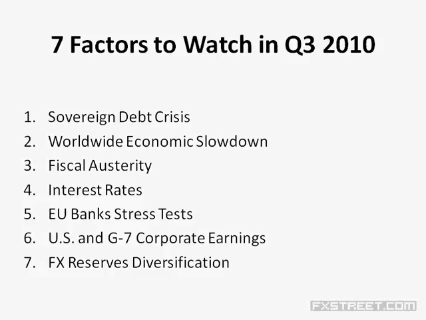This could obviously be one of the fundamental reasons that ends the euro's recent strengthening versus the US dollar and causes a resumption of the single currency's downtrend versus the dollar, and ultimately the dollar strengthening against other majors as well. The third factor that I find is going to be very important in the third quarter is fiscal austerity. Will the markets continue to reward fiscal austerity as we have witnessed in the month of June?